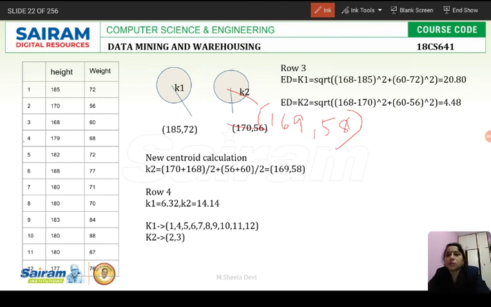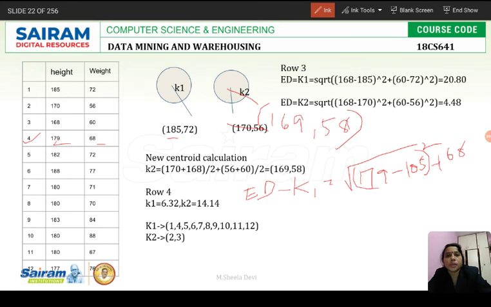Next, I have to take row 4. What is the value here? 179, 68. Again I have to go with the Euclidean distance formula. With respect to K1, it is the square root of 179 minus, what is the value of height, 185, whole square plus 68 minus 72 whole square.